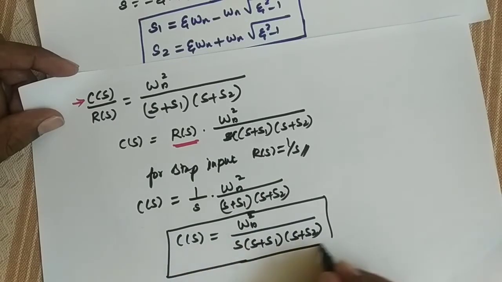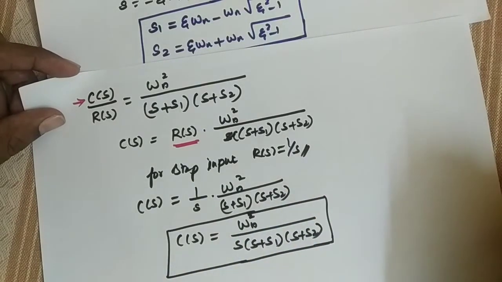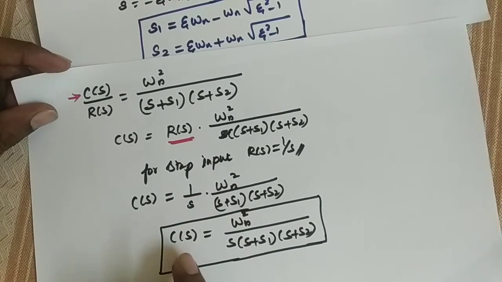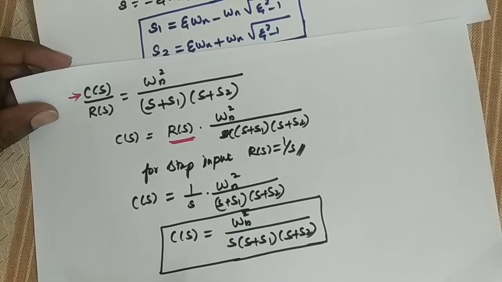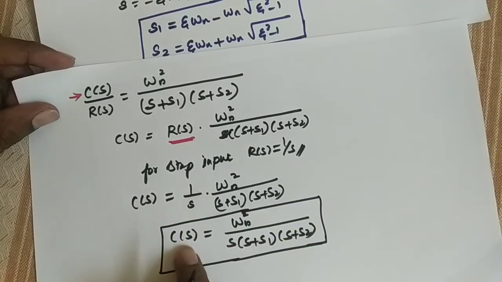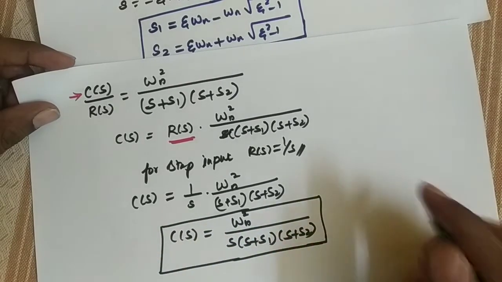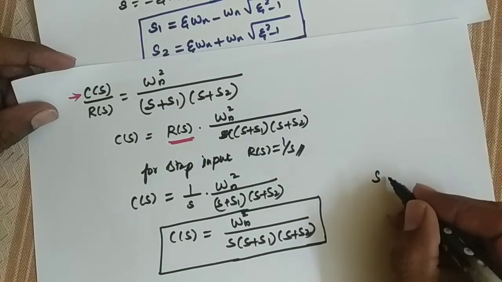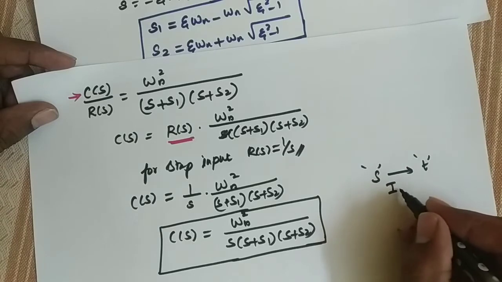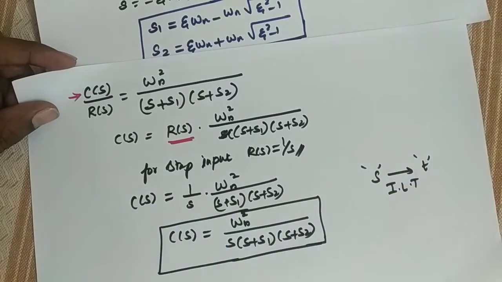But we are studying time response analysis, so of course we need to represent the equation in the time domain. In order to convert this s domain equation into a time domain equation, we need to take the inverse Laplace transform.